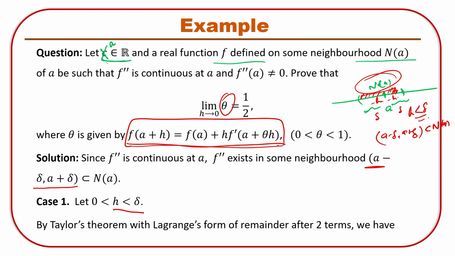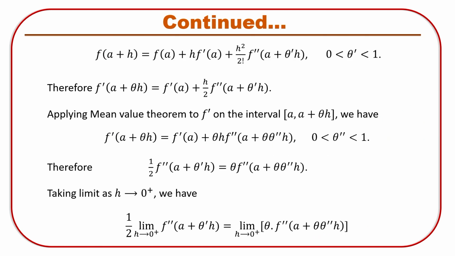So, by Taylor's theorem with Lagrange form of the remainder after two terms we have f(a plus h) is equal to f(a) plus h f dash a plus h square by factorial 2 into f double dash of (a plus theta h), where theta is nothing or theta dash.